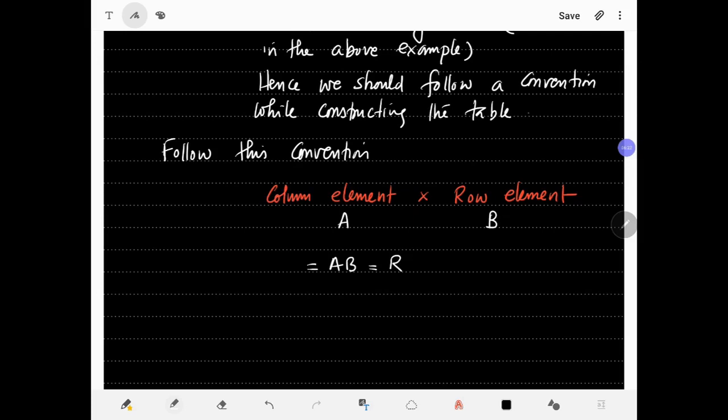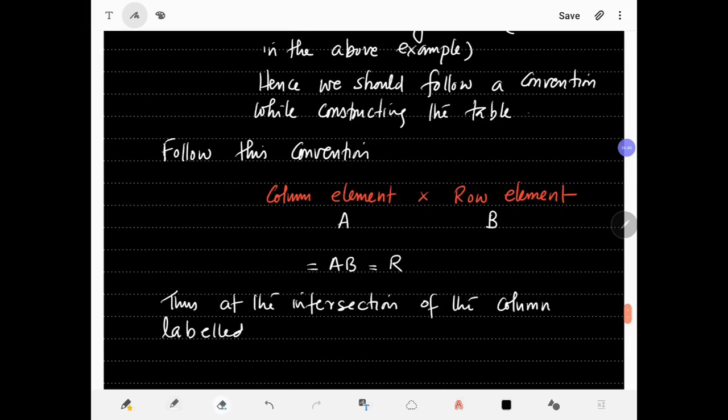You should not confuse this, because some other books use the other way around as their convention. If you follow one convention, you should always stick to that convention, then it won't become a problem. So suppose AB gives R; this means that at the intersection of the column labeled A and the row labeled B, we find the element R, which is equal to AB.